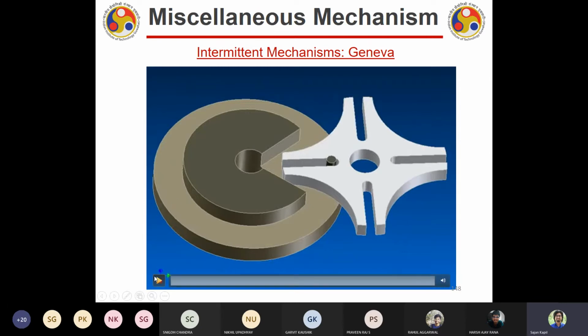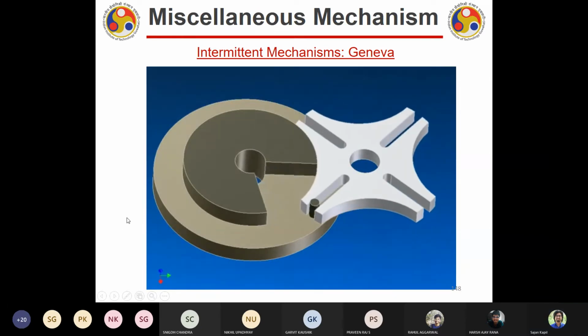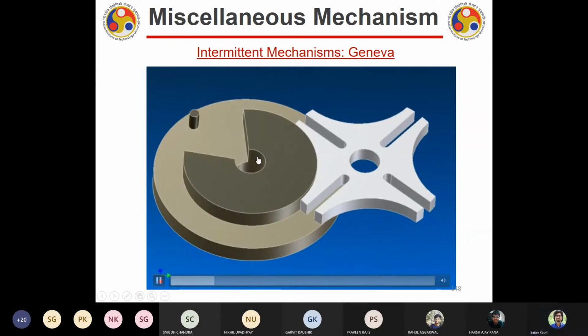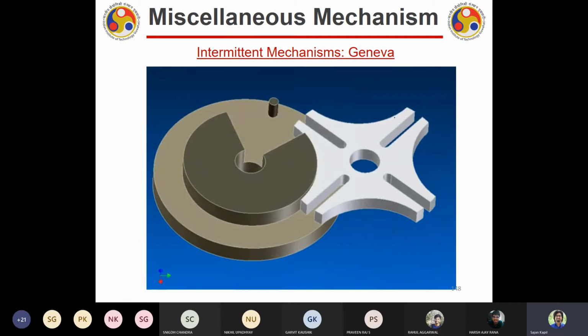So this is called the Geneva mechanism. You can see that this is the output and this is the input. The input is rotating continuously. You can put a motor here, but what you are getting on the output is something like this.